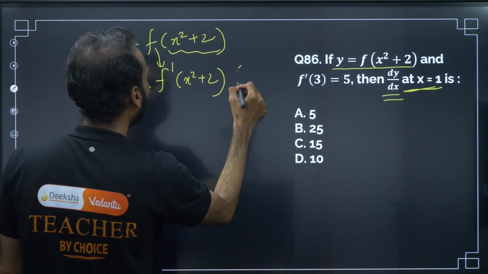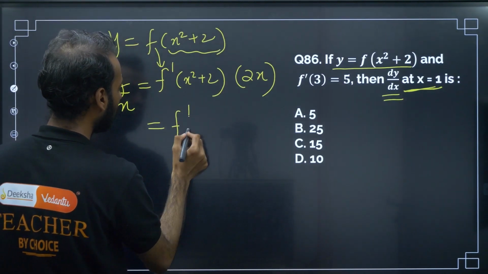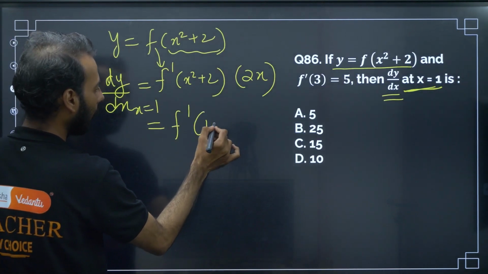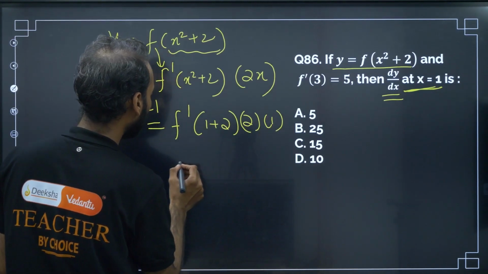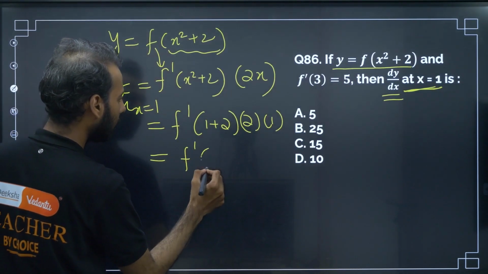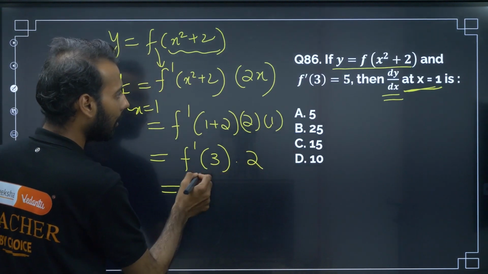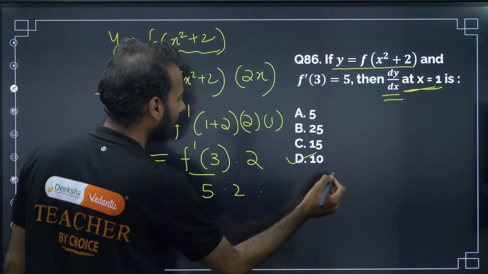This, if I differentiate, we will get 2x. So they are asking to find at x equal to 1. So f dash of 1 plus 2 is 3, and this is 2. So f dash of 3 value is given as 5. This 2 I am keeping as it is, 5 times 2 is 10. So 10 is the answer.